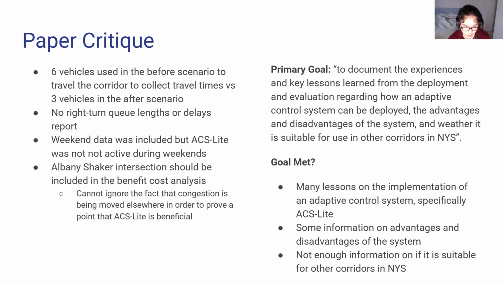And I feel like that is because a larger network, like we talked about in the recommendations, would have to be considered to see if that issue at the boundary intersections could be resolved. If that is resolved and there is a way to fix that, then I feel like we have a better understanding of whether or not it's suitable for other corridors in New York. But if not, I feel like we don't have enough information to make that decision.